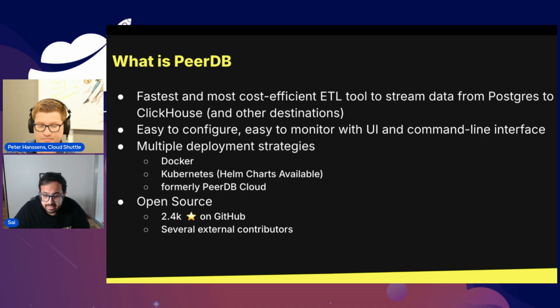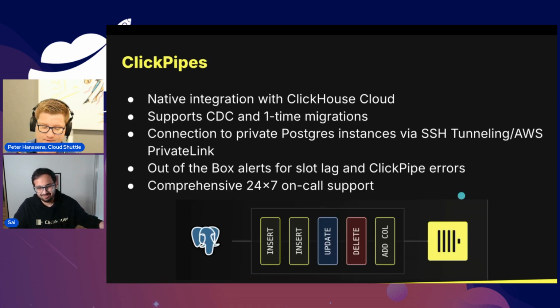We open sourced these as a part of the acquisition, so you can actually run production grade PeerDB deployments on Kubernetes. And last but not the least, as we already mentioned, PeerDB is fully open source with a growing community around it as well. So yeah, next.